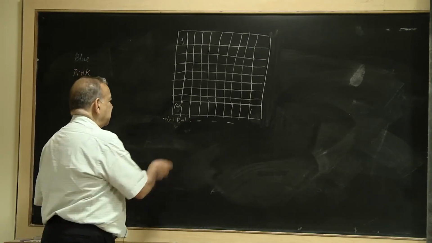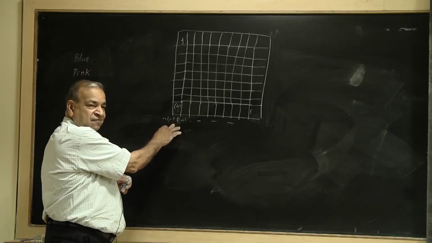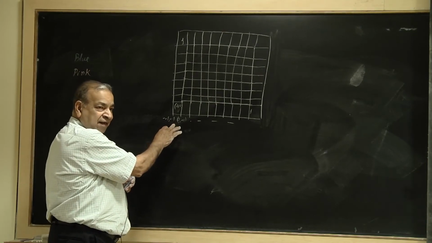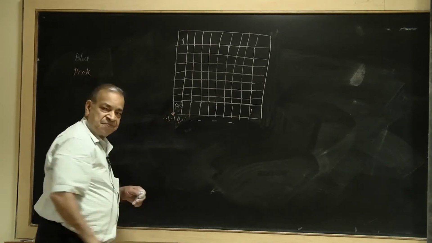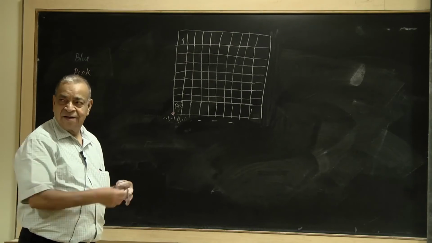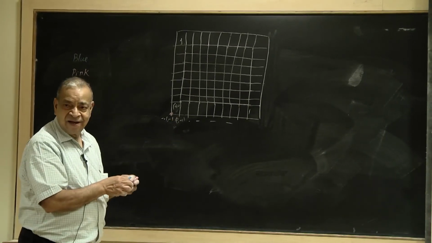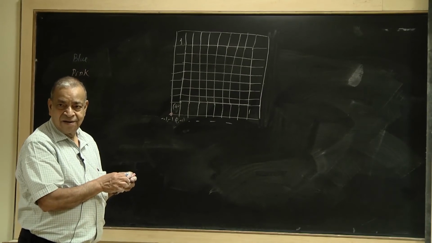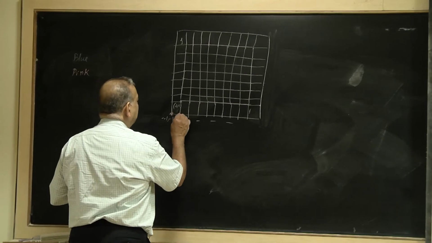So, for example, minus 0.1, minus 0.1 on the boundary will get what color? Pink. So this is occupied by the girl. Now, 0, minus 0.1 goes to the boy. So all these will be occupied by the boy.